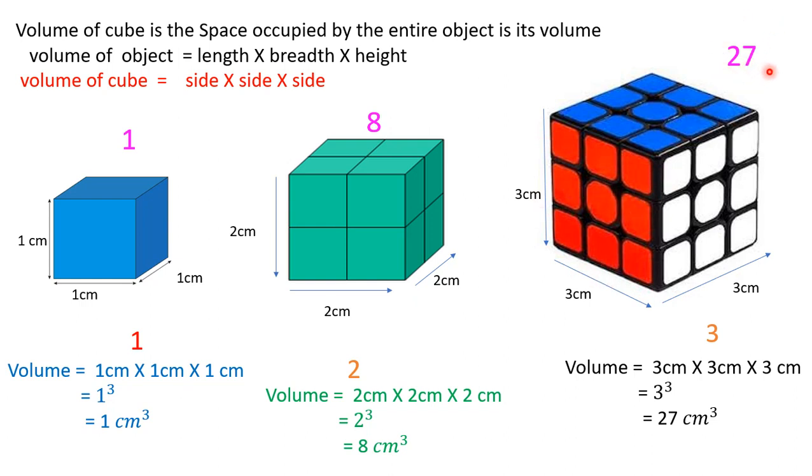Only when we take 27 cubes can we form a cube. And when we take 8 small cubes, we can form a cube. But when we have 20 small cubes, we cannot make a cube. In that case, we will get a cuboid where the length, breadth and height are not the same.